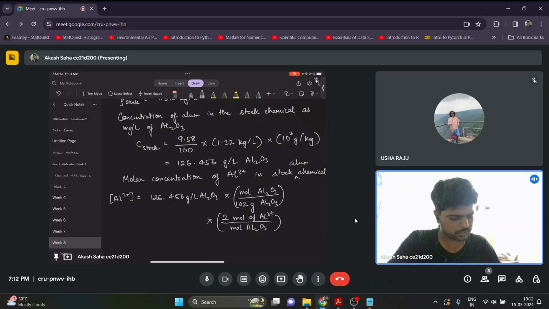This will be my final answer, in moles per liter: 2.479 moles per liter, or I can write 2.479 molar. So this is the concentration of Al3+ in my stock chemical solution.